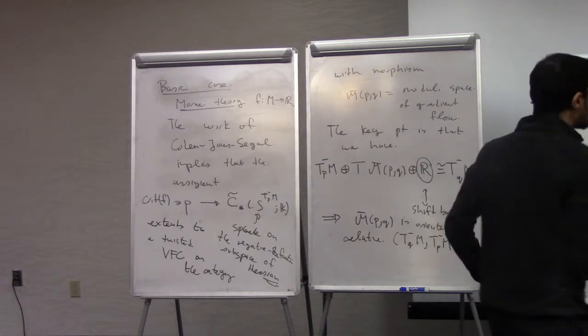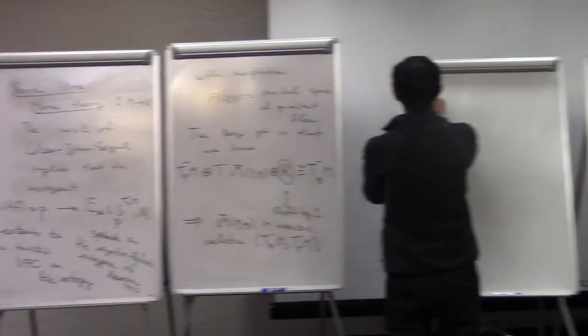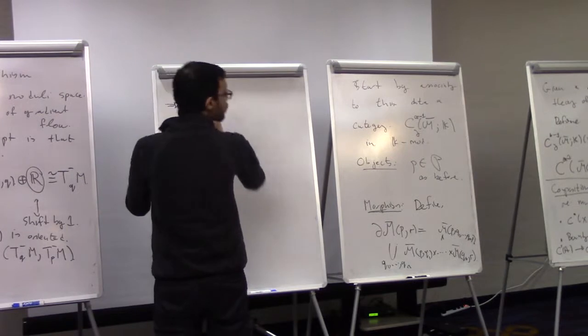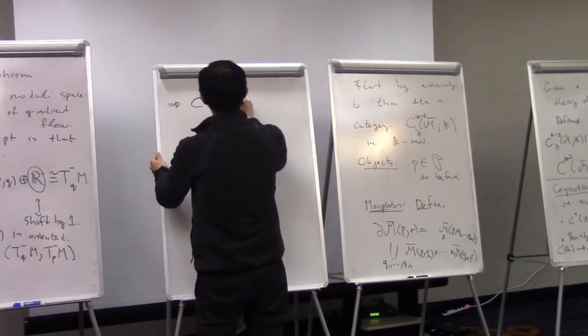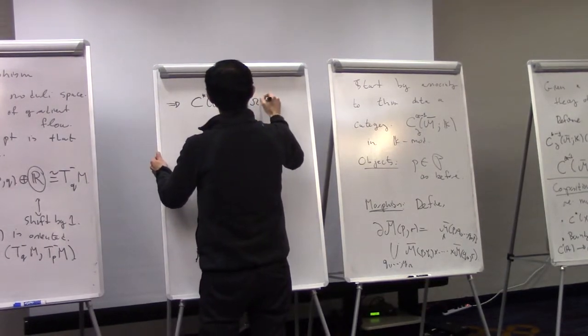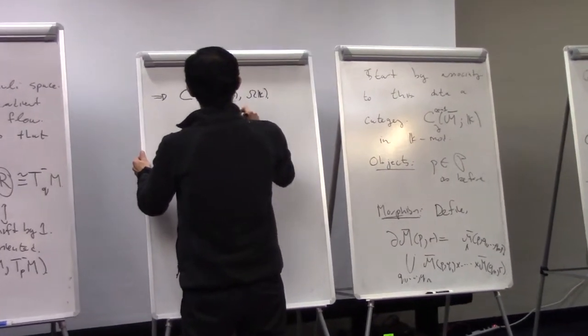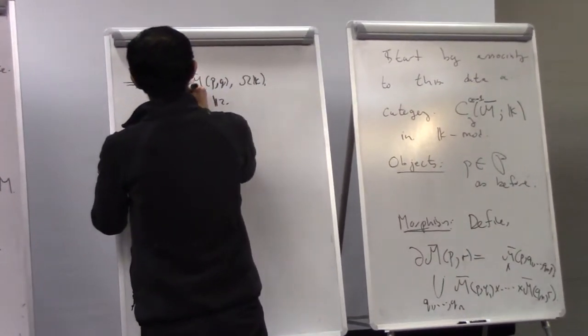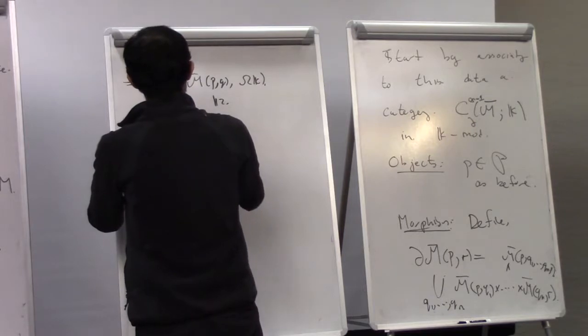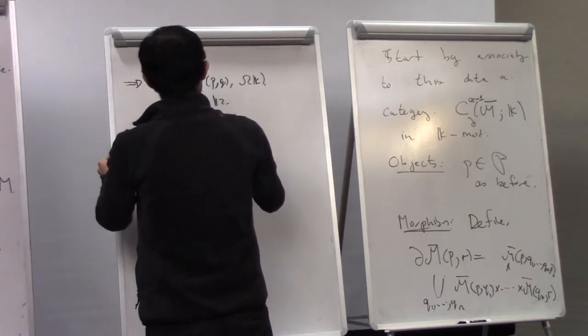And if you have this orientation, it tells you that the cochains of M bar PQ with coefficients in K are essentially the real boundary of M bar PQ.